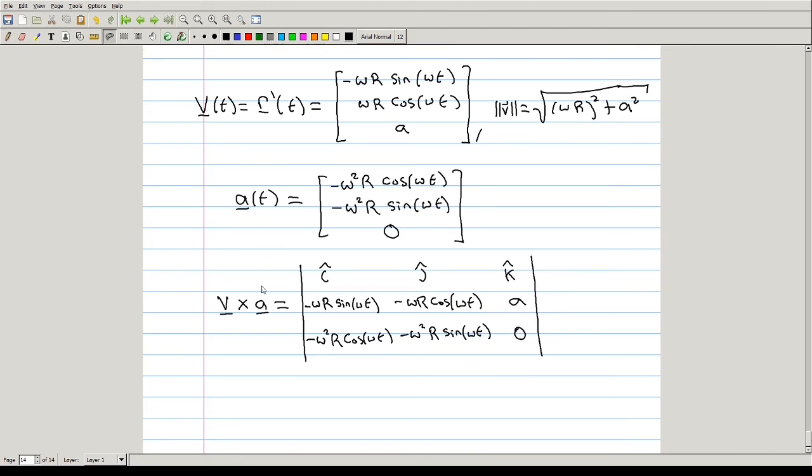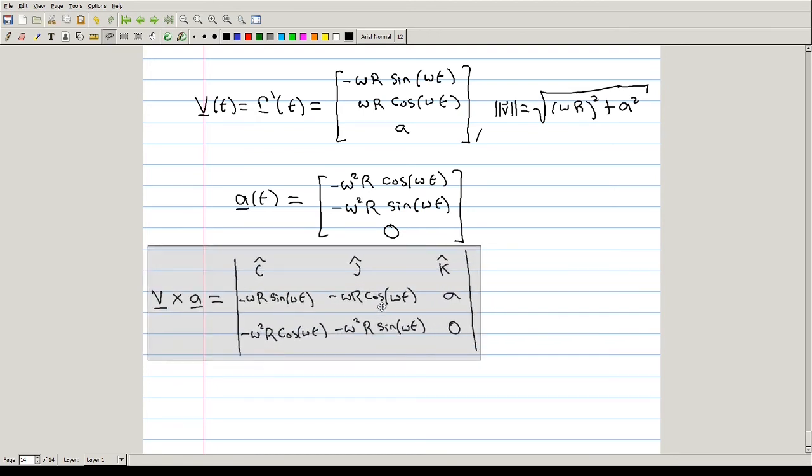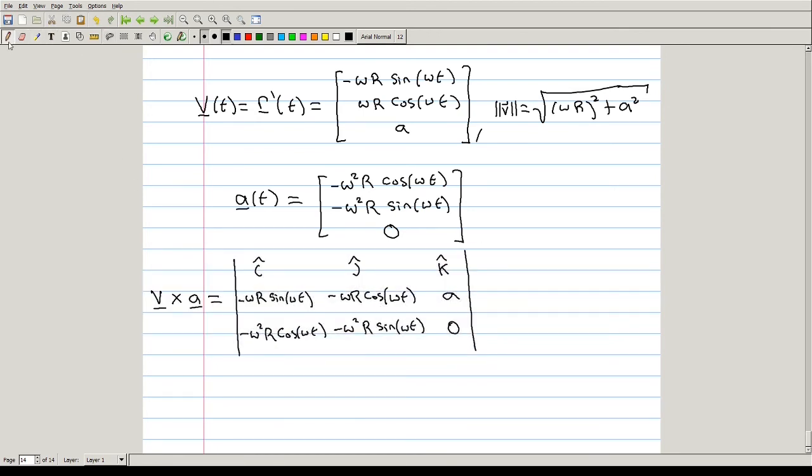Then we go through and calculate the determinant of this matrix using the normal determinant formula, but with the added assumption that this i hat, j hat, and k hat are all the typical unit vectors. Sure enough, when we go through and do that, we're going to get a pretty big simplification here.